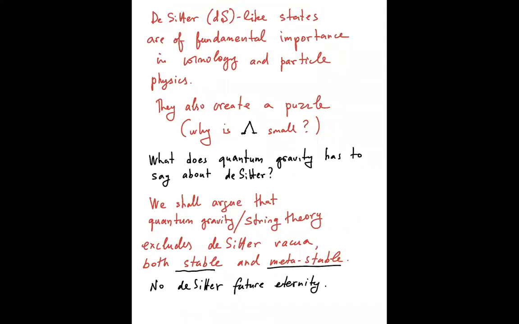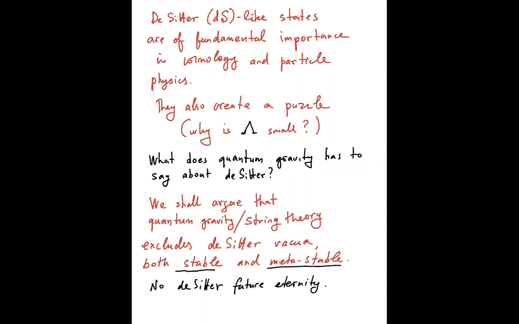Because it plays a very important role in cosmology, both in early cosmology, with de Sitter-like states, not exact de Sitter. Of course, exact de Sitter semi-classically is eternal. It is future eternal, not past eternal, by the way, as shown by people like Guth and Vilenkin. But it is future eternal, semi-classically.